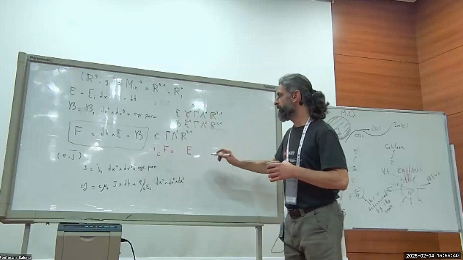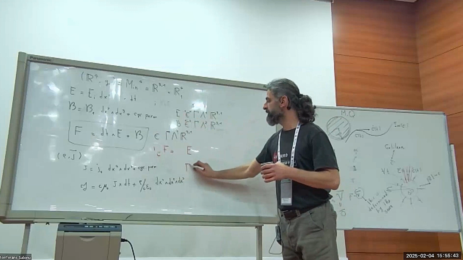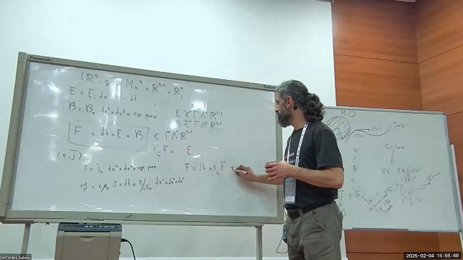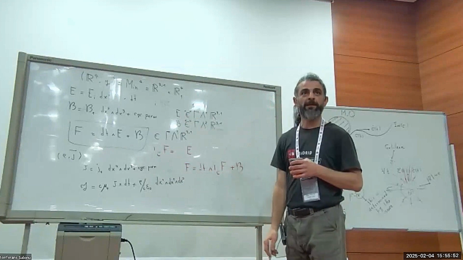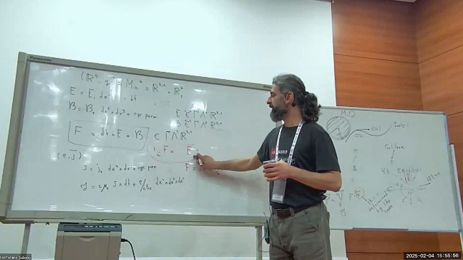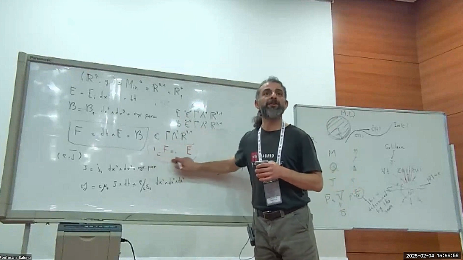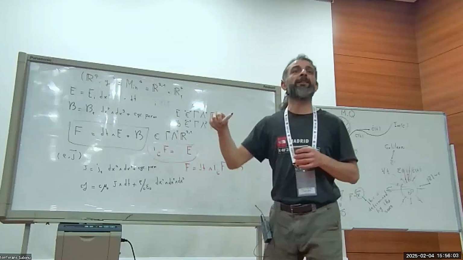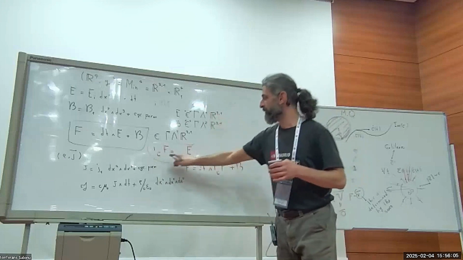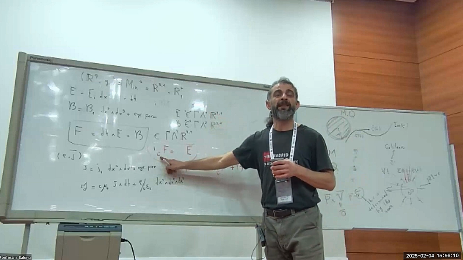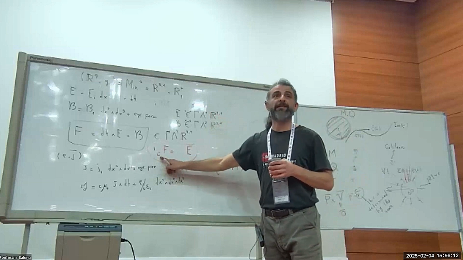And so you can write F as dt wedge E plus B. But we can find A from F by this operation. This E has support on the world line of the particle because we are contracting with respect to the velocity of the particle. Its trajectory is represented by this.